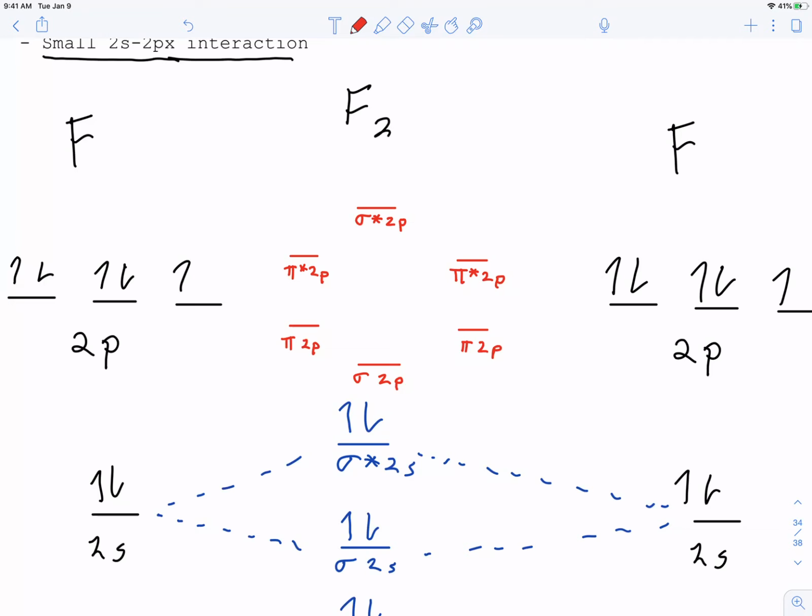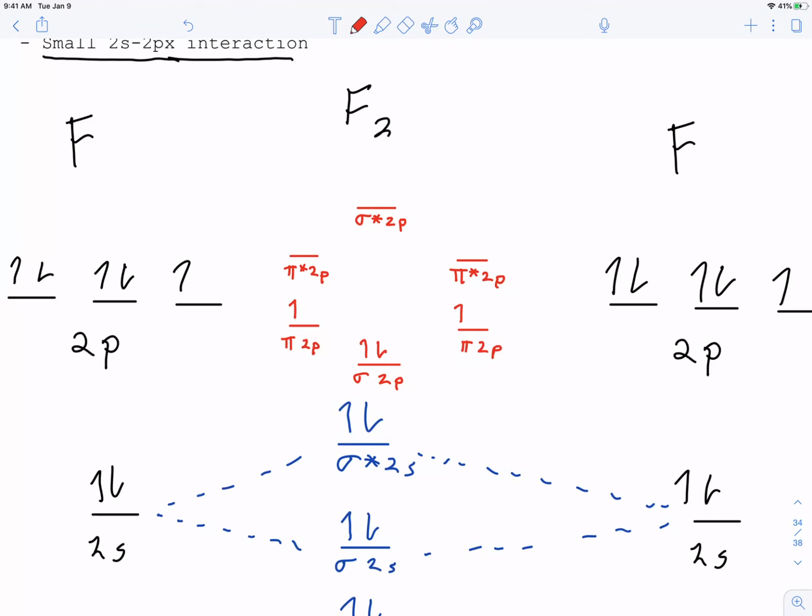So let's start filling in. Okay, so we have 10 electrons we're going to put in here. So the first is going to go on the sigma 2p. The second is going to go on the pi 2p on the left, and then the pi 2p on the right. So we've used up 4.